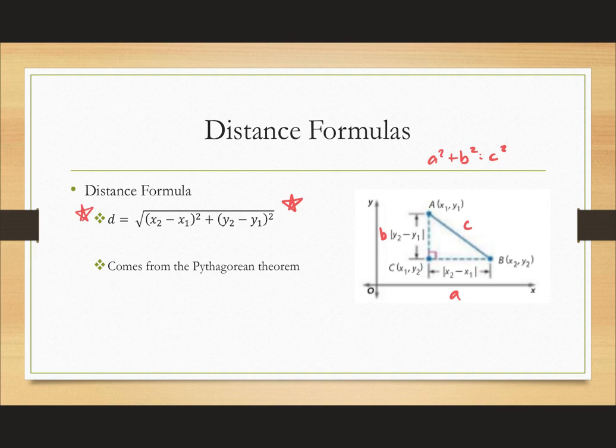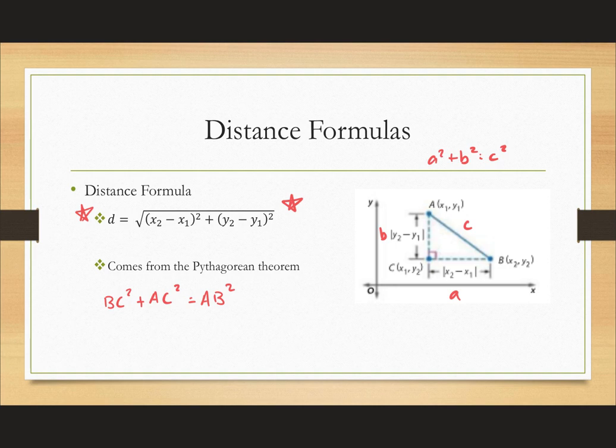And so what you can do is you can rewrite this and say, we have BC squared plus AC squared is equal to AB squared. And I'm still in Pythagorean theorem. I just rewrote it with the names of the triangle. But I don't really know what these measurements are, so I need to find a way to do that.